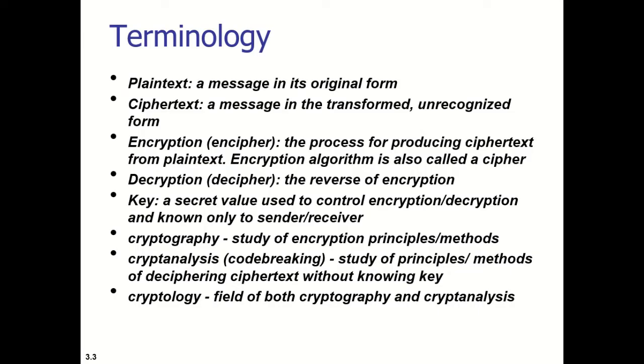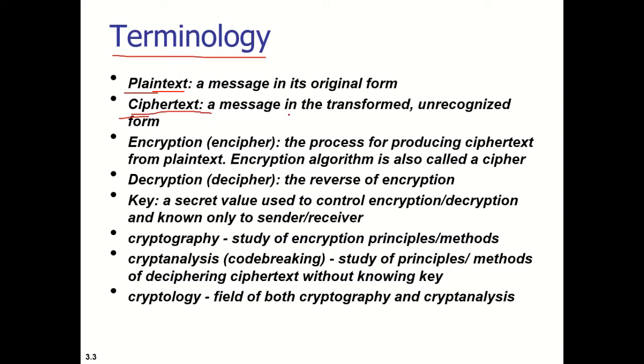Okay, next we will go through some terms which we will be using throughout the semester for explaining things in a better way. Most of these are terms which we have seen in the previous slide. The first term is plain text, which is the original message which the sender is sending to the receiver, which in our example, A is sending to B. Next is ciphertext.